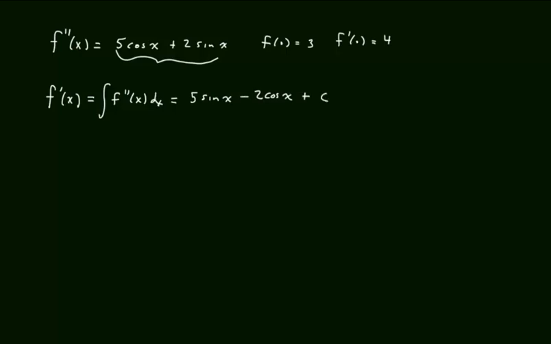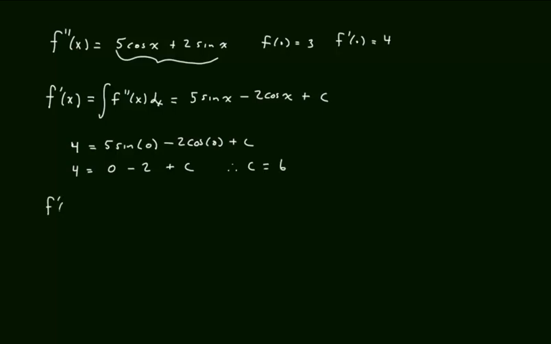Now I have a condition. I know that f prime of 0 is going to equal 4 when x equals 0. And this will tell me that c equals 6. Now I'll rewrite this.